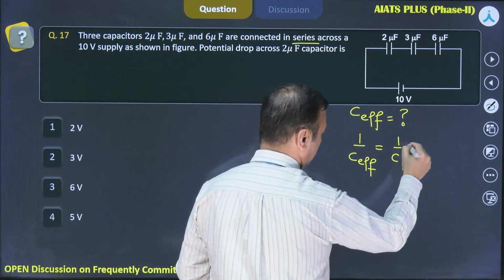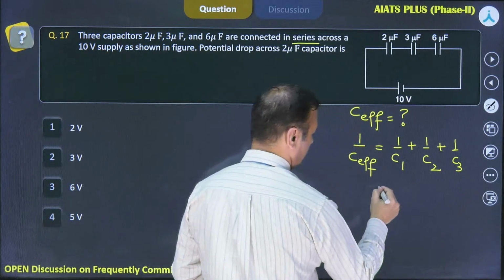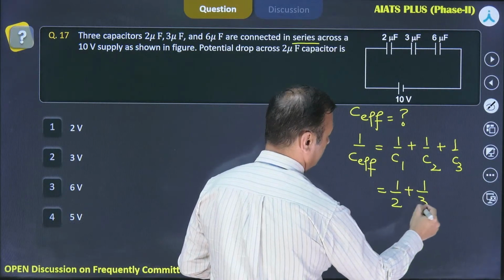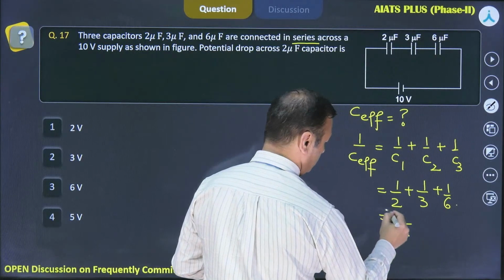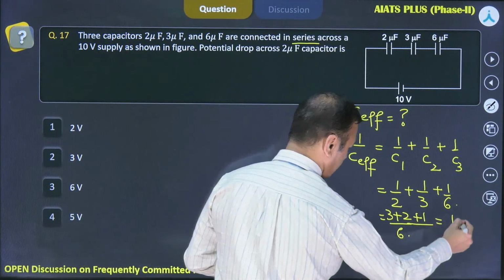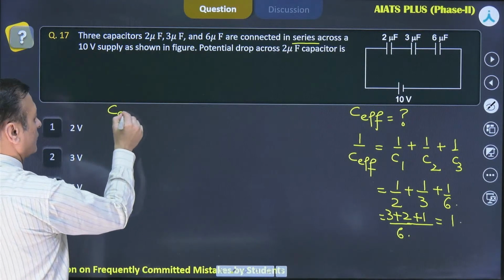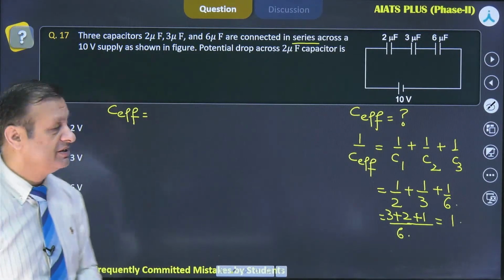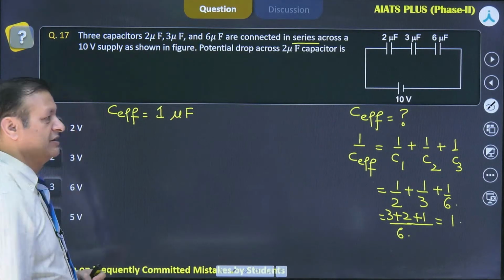It is 1 by C1, 1 by C2, 1 by C3, that is 1 by 2 microfarad, 1 by 3 microfarad, 1 by 6 microfarad. Take the LCM as 6, so this is 3 plus 2 plus 1, that makes it 1. So all the 3 capacitors placed in series have an effective capacitance of 1 microfarad only.